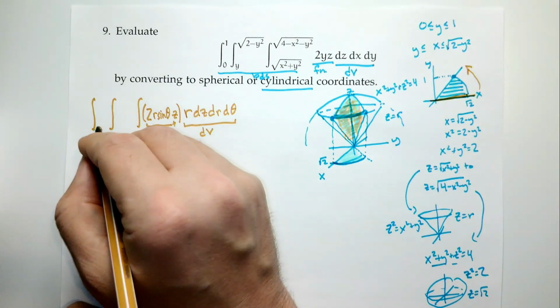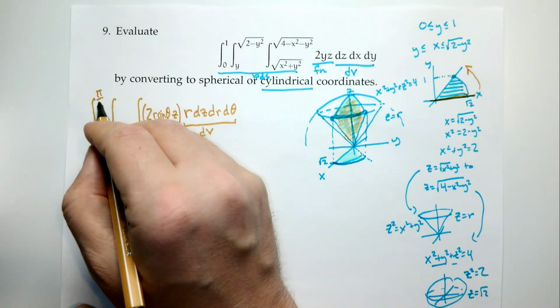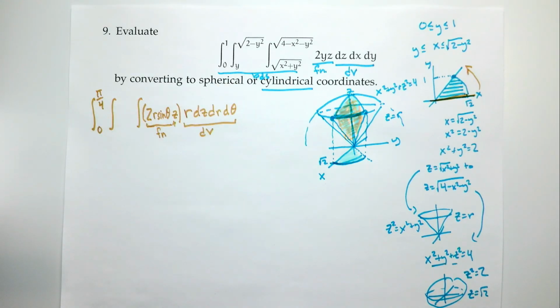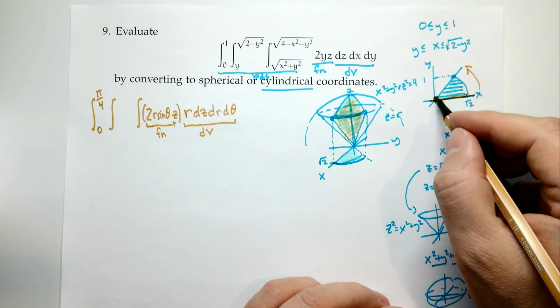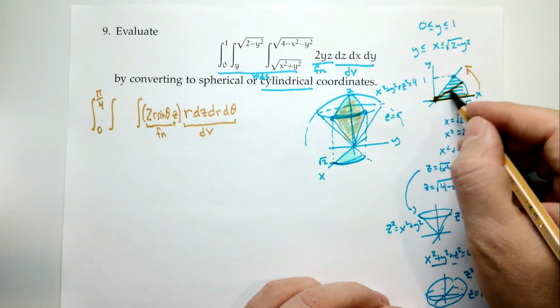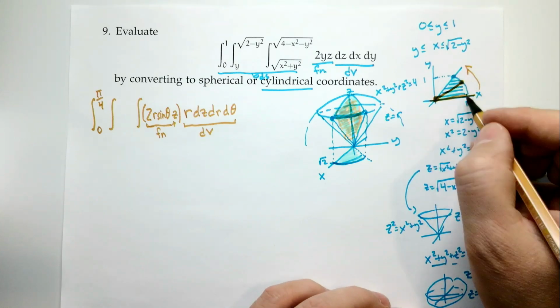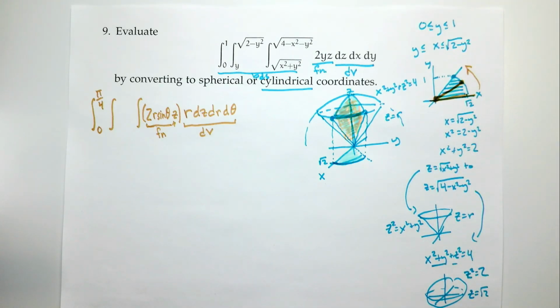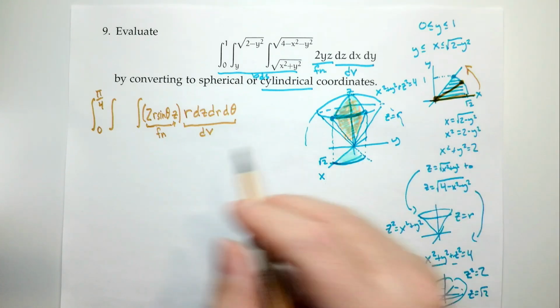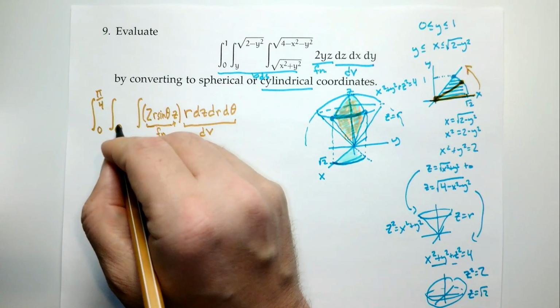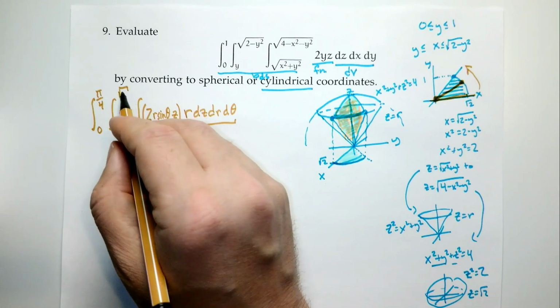So 0 up to pi over 4. Where does r go from? Well, you think about coming from the origin out, until we hit that curve. That curve is a circle with radius root 2. So we're going to go from 0 out to root 2.